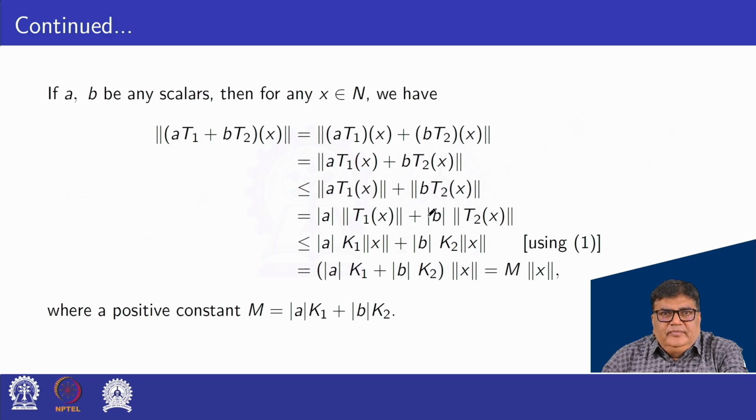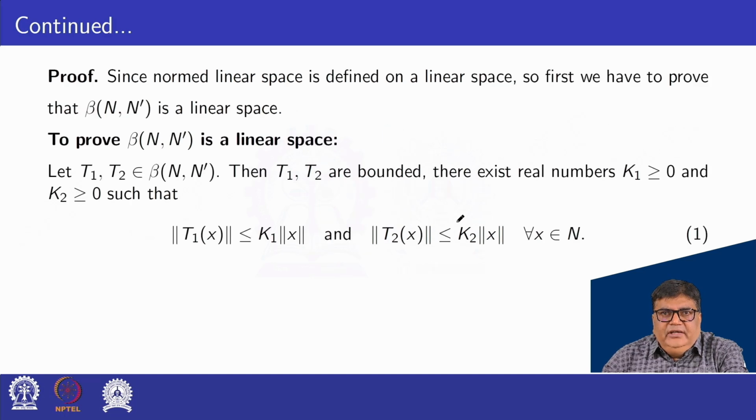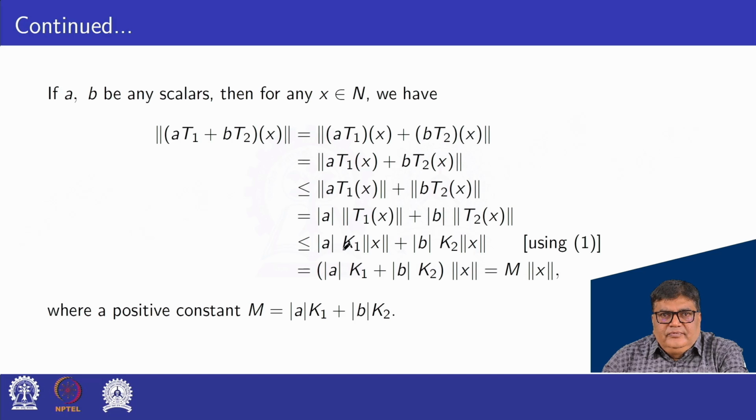Now norm T1x and norm T2x are defined in equation 1, so we can write this less or equal to mod a k1 norm x plus mod b k2 norm x.